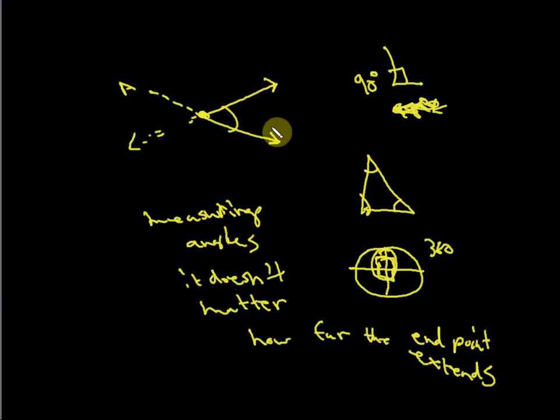You're just making it more difficult for yourself the farther out you go. This angle is the same as this angle, same as this. So we want to use that, because when we extend the lines, we're extending from the angle.